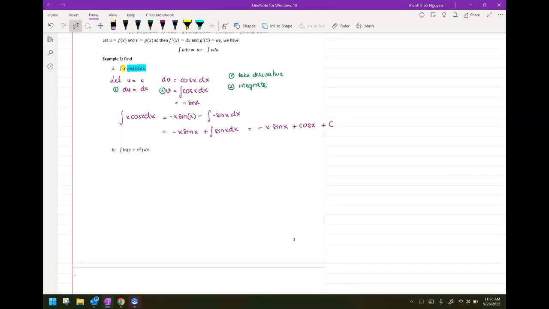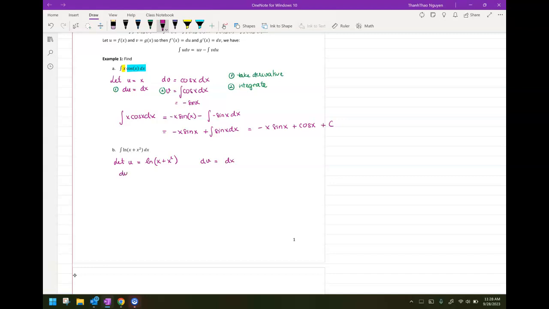So let's take a look at the next case. We'll go ahead and let u equal ln of x plus x squared, because we know how to take the derivative of ln of x plus x squared, but we don't know how to take the integral of it. And we'll let dv equal dx.